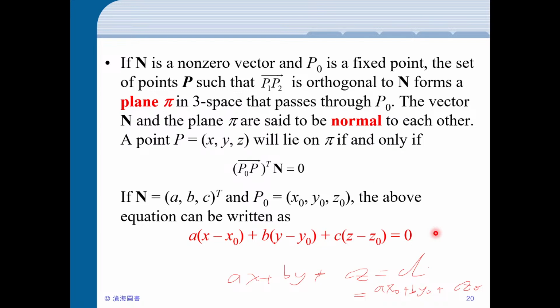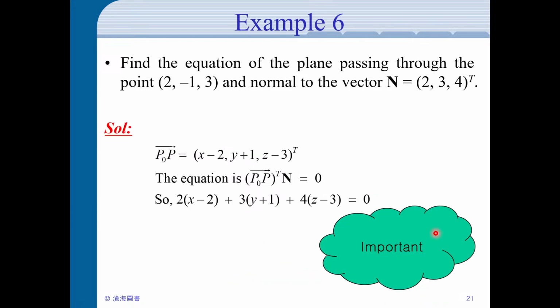Let's give a really easy example where you just plug in everything. Say you have a normal vector (2, 3, 4) and you want to go through the point (2, 1, 3).